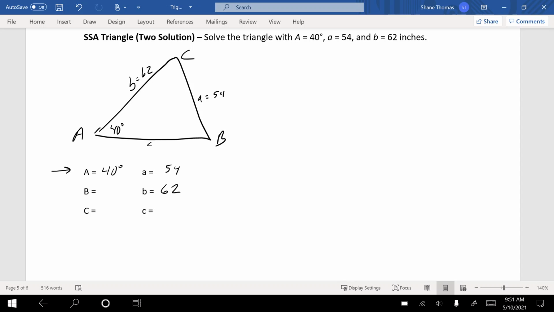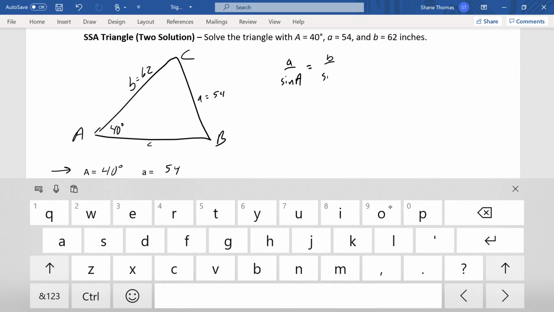This one here. We have a nice setup for A, so we can do a over sine of big A. Now, the only other thing we know anything about is little b. So we'll do a and b for our proportion.